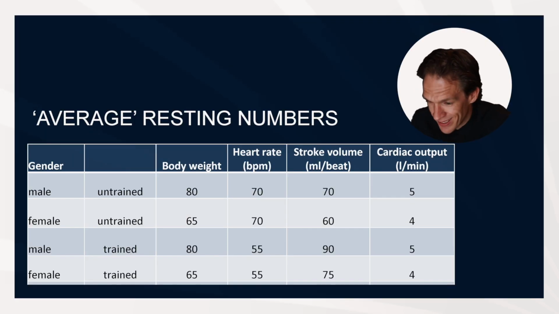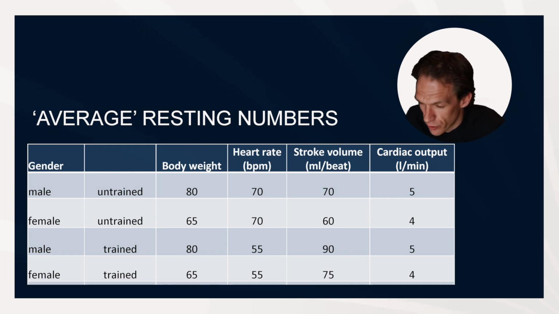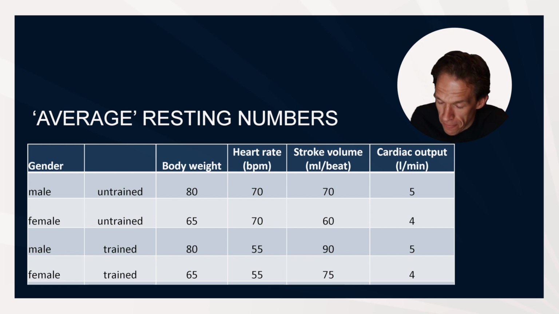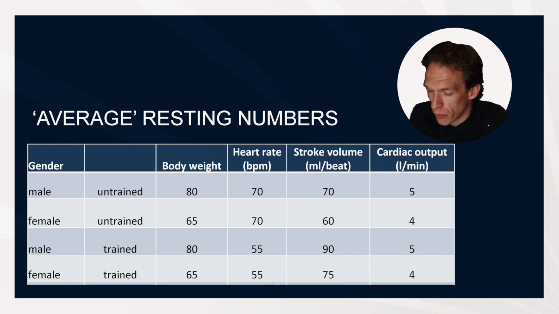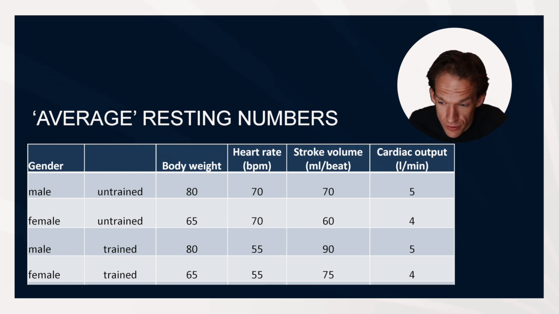If you look at this table, you can see average values at rest. For a physio, it's always important to understand what is normal and what is abnormal. What do you expect from a trained person and what do you expect from an untrained person? In this table, you can see that if you just neglect body size, males and females are identical.